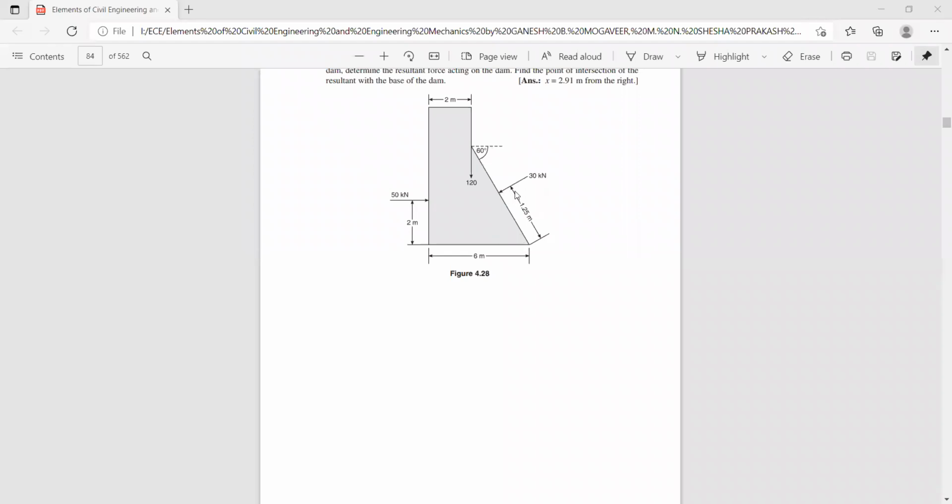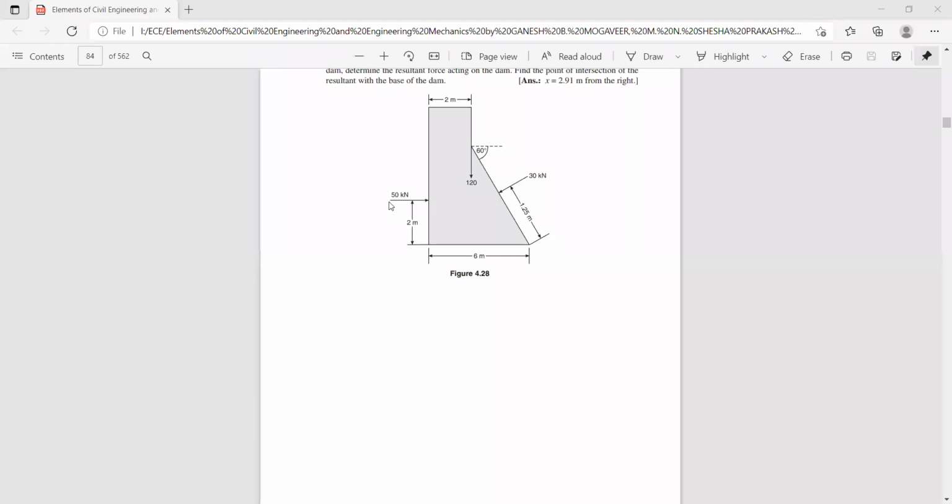Now, if I draw a horizontal line here, this angle with respect to horizontal, and this is the slope of the structure. If I draw a horizontal line parallel to this, obviously this angle is 60. The remaining angle is how much? 30 degree, because this whole angle is 90. So this is 60, and if you draw a horizontal line, this is also 60. The remaining is 30.